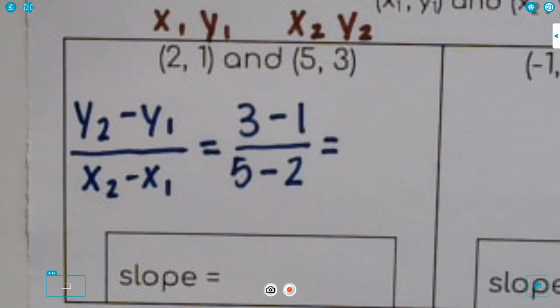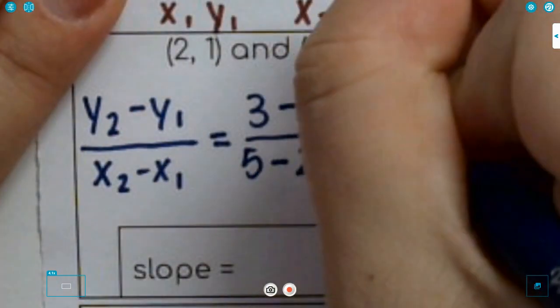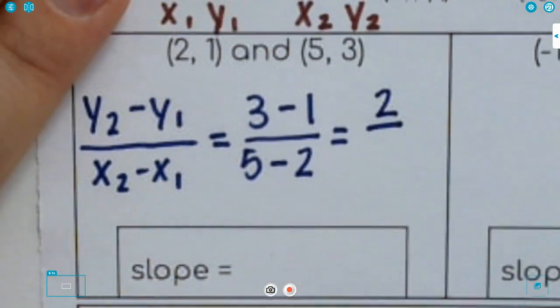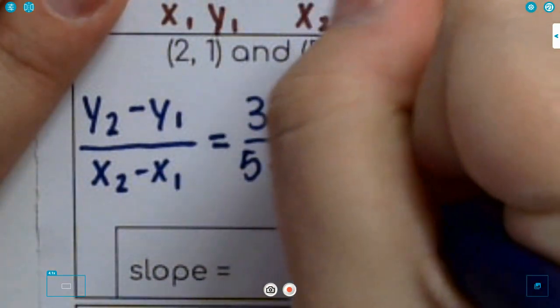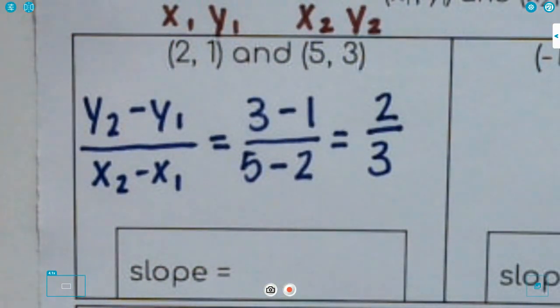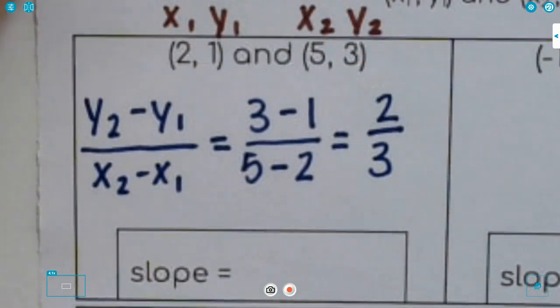Okay. So from there, you just do the addition and or the subtraction on the top and the bottom. So 3 minus 1 is 2. 5 minus 2 is 3. So now we have 2 over 3. Can that be reduced? No. So then our answer is just 2/3.